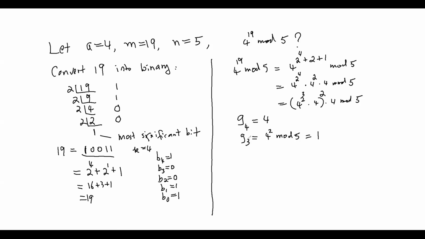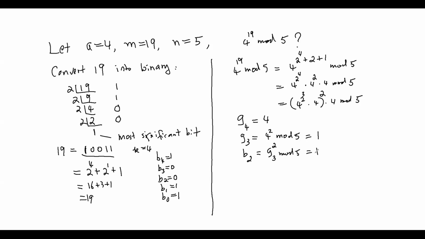Okay, and then B3 is not 1, so I'm going to do G2, which will be G3 squared mod 5. G3 is 1, so that is just 1.